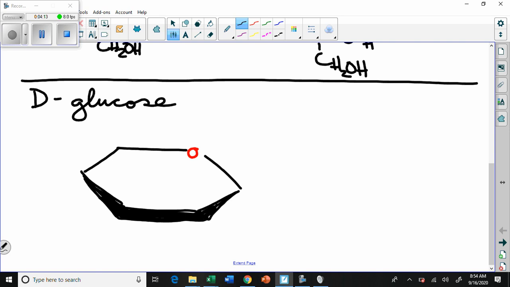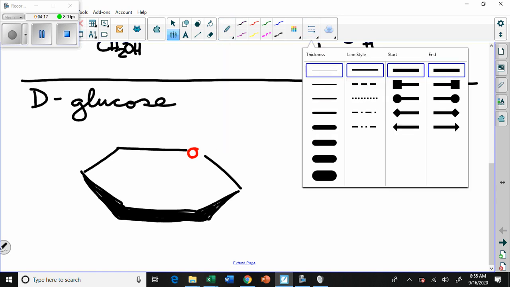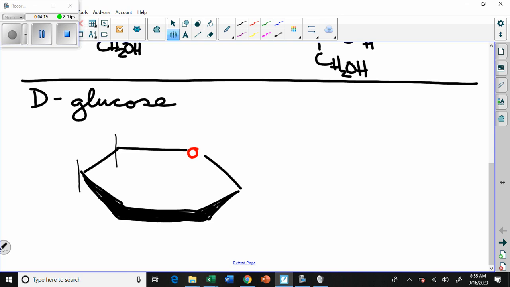Then I'm going to go thinner here, and we put our bonds at all the corners that exist, and then we can write here the CH2OH part, which is up here. And then we're going to put all the OHs in their spots.